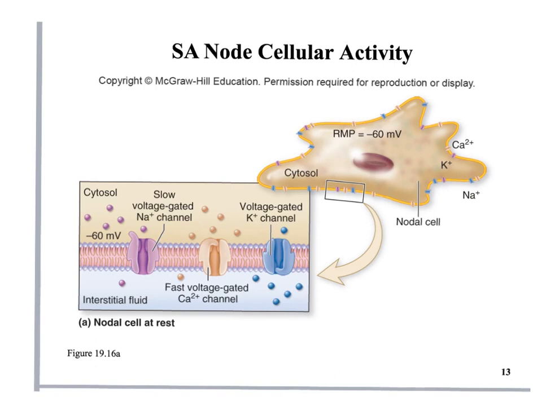And then they have this group of different channels that are important. Okay? So you have slow voltage gated sodium channels, you have fast voltage gated calcium channels, and voltage gated potassium channels. Okay? What ion moved during depolarization of a neuron? Sodium. Okay? That is not the case in the nodal cells.